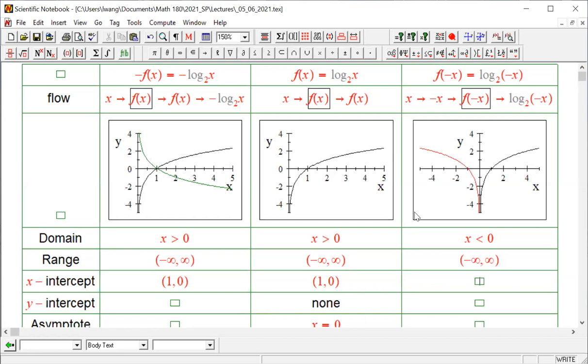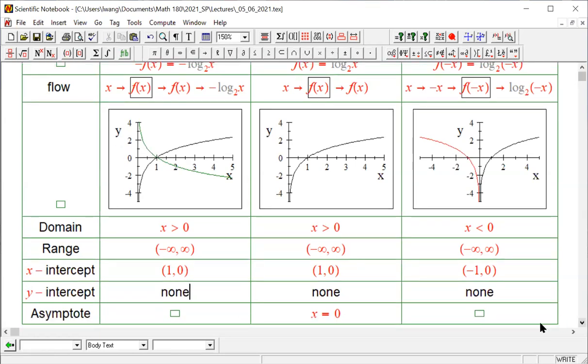Okay. X-intercept. Negative 1, 0. How about y-intercept? Still none. It's none for all of them, right? All right, asymptotes.